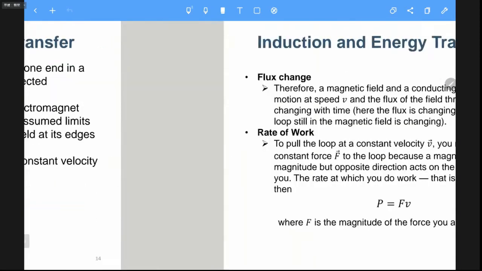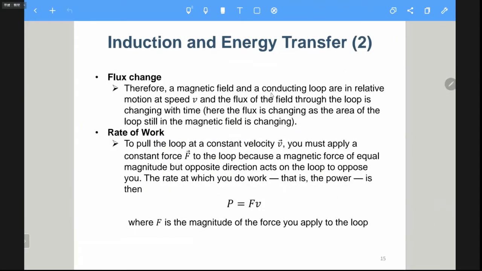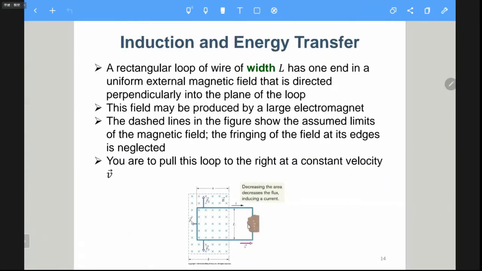Okay, therefore a magnetic field and a conductor loop are in relative motion at speed v. The flux of the field through the loop is changing with time, as the area of the loop still in the magnetic field is changing. To pull the loop at constant velocity v, we must apply a constant force F to the loop, because you should pull this out of the magnetic field region.